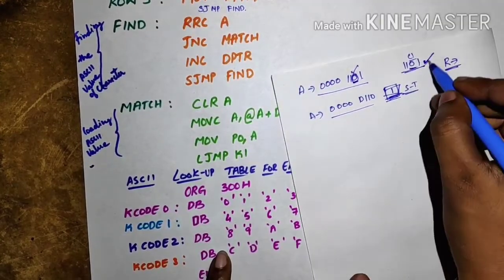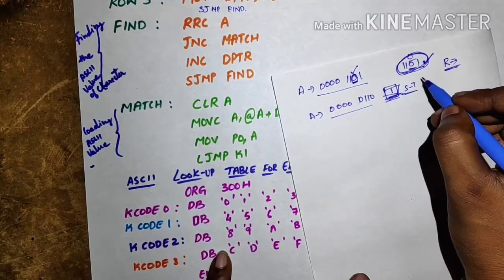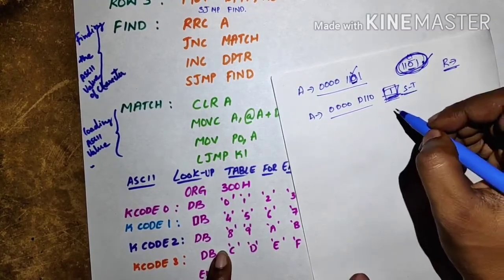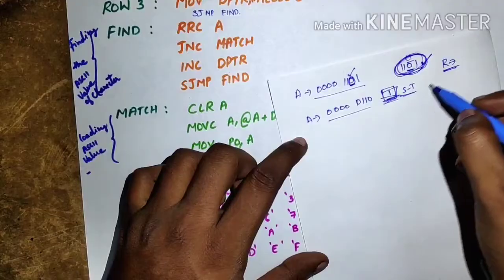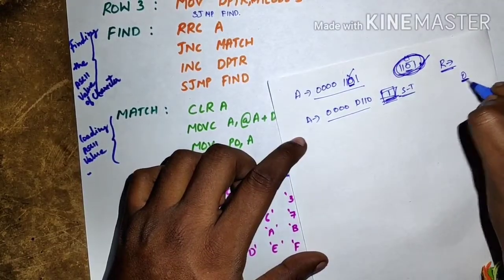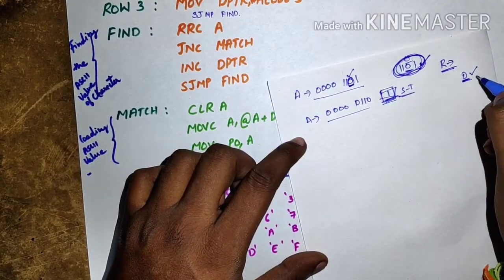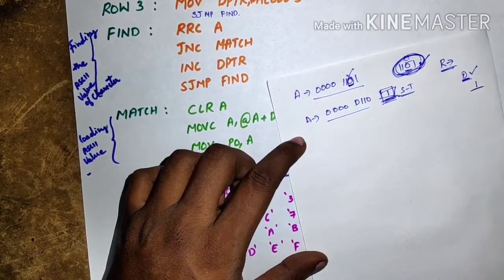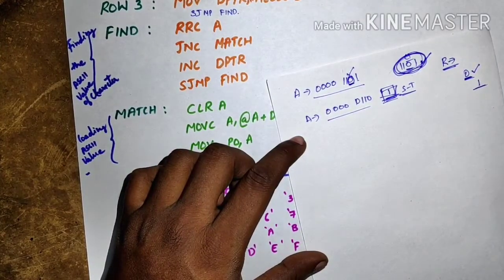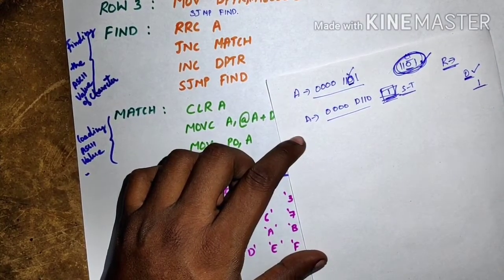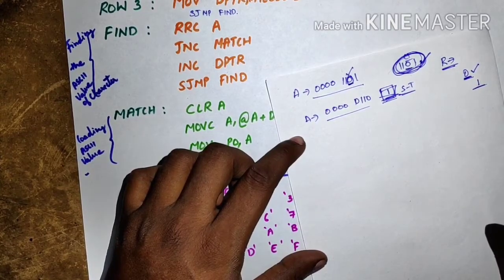So now again we are checking the column here. This is the reverse process. Whenever we are finding 0, that means the key has been pressed. 1 means that particular column does not belong to that key.